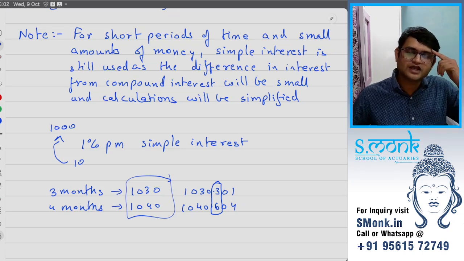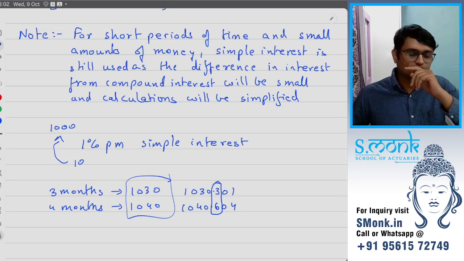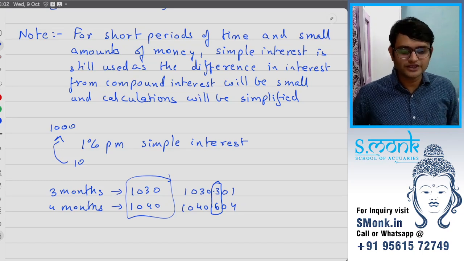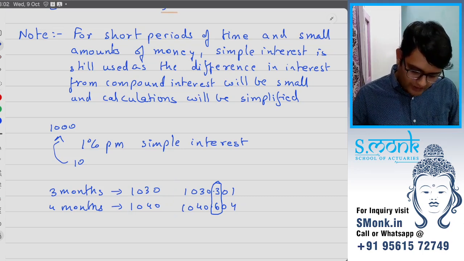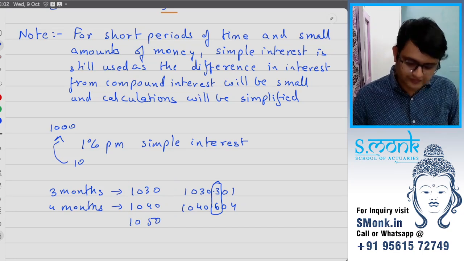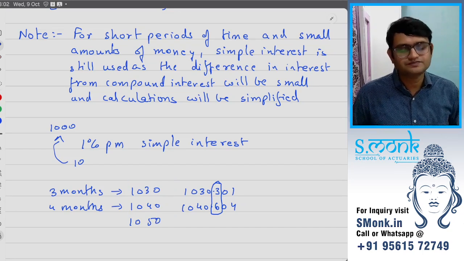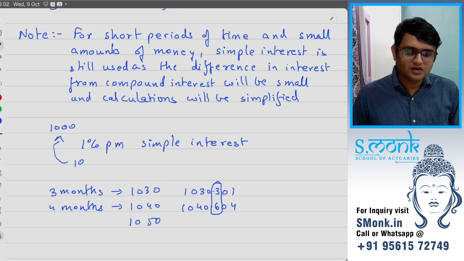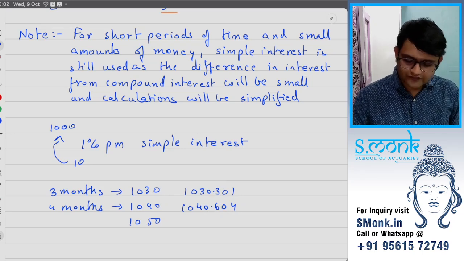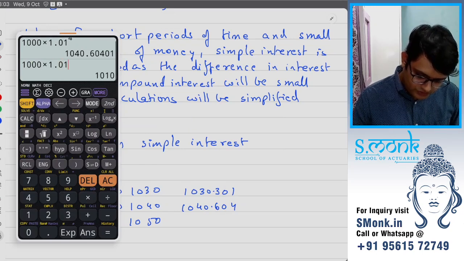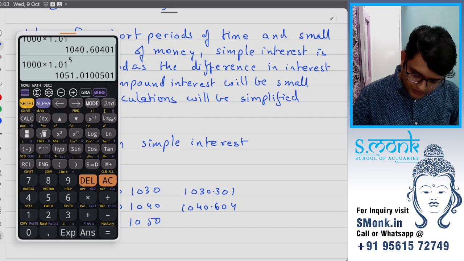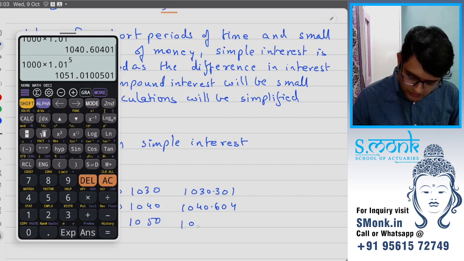You can imagine that if I got delayed, and instead of 4 months I pay you after 5 months, I know exactly how much to pay. 1050, 10 rupees per month. But here I'll have to do the calculation again. I'll have to bring out the calculator. I have to say 1000 into 1.01 raised to 5, and that is 1051.01.